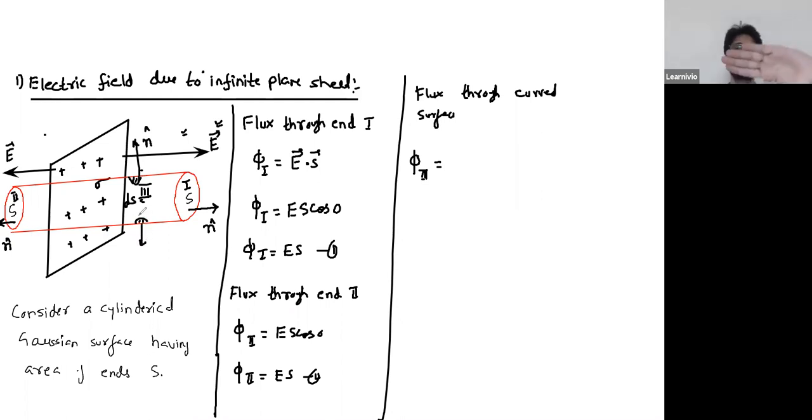If I'm considering something on the front side, this portion of curved surface, it would be outwards. It's always perpendicular to the surface. So through the curved surface, this integral will be E ds cos 90. Cos 90 is 0. So the flux through the curved surface will be 0.